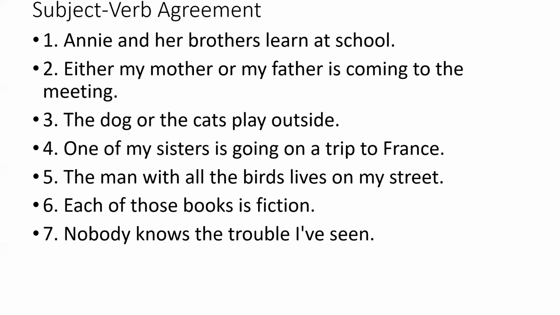So of is the preposition, the prepositional phrase of my sisters. The word sisters is technically called the object of the preposition. An object of a preposition cannot also be a subject. So the subject is always going to be before the preposition, not after the preposition. And again, if you think about the meaning, we're not saying all my sisters are going, we're saying only one. So it has to be singular.